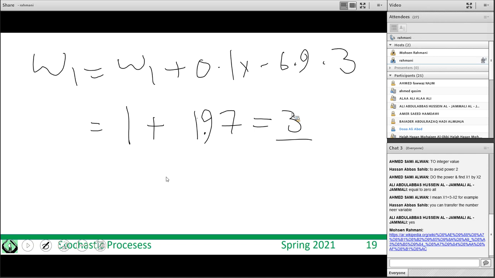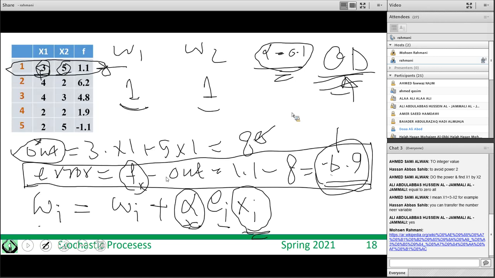So what did I do? I have modified the weight by a formula. Which formula? I said that W1 can be modified by this formula: W1 is W1 plus alpha E_i X_i. Alpha is a fixed number between 0 and 1. We have chosen 0.1.